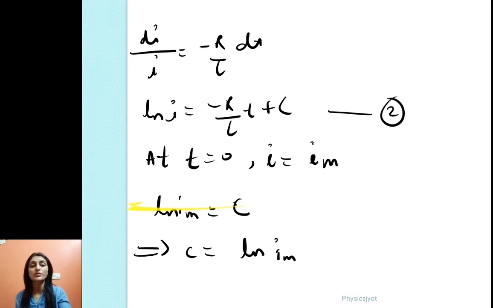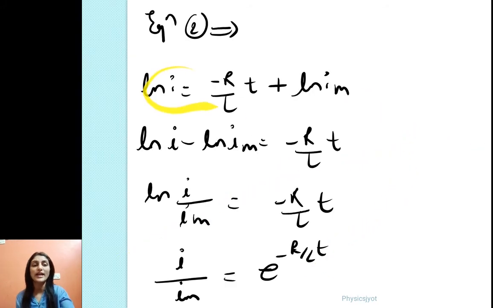So at t equals 0, we have I equals Im. If we substitute this value, we will get log of Im equals C, which implies C equals log of Im. And when we substitute this value back into equation 2, we get log I equals minus R upon L into T plus log Im.